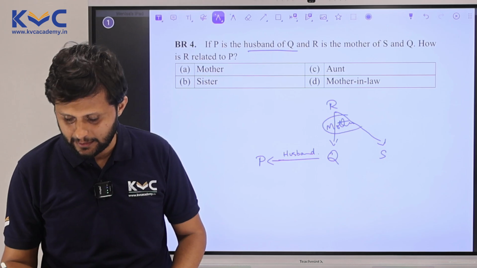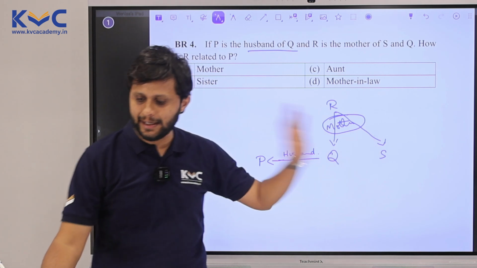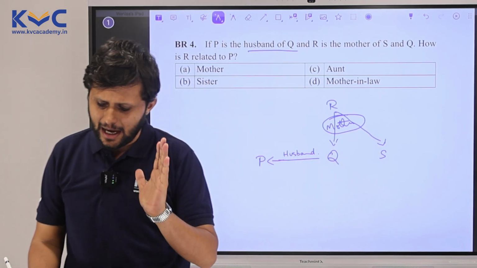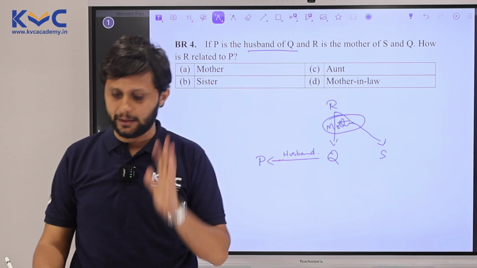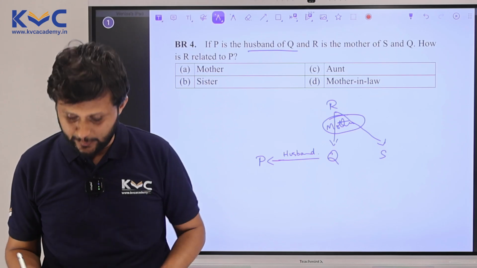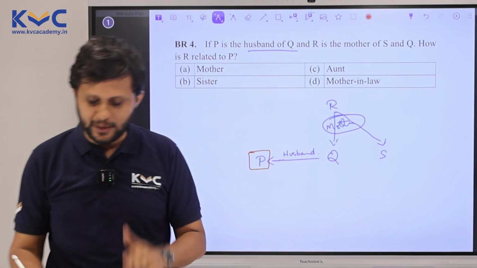It is mother. Okay, R is mother of Q and S. Siblings are there for Q. How is R related to P? The relation is from whose point of view? P's point of view. To P, they said, from P's point of view.